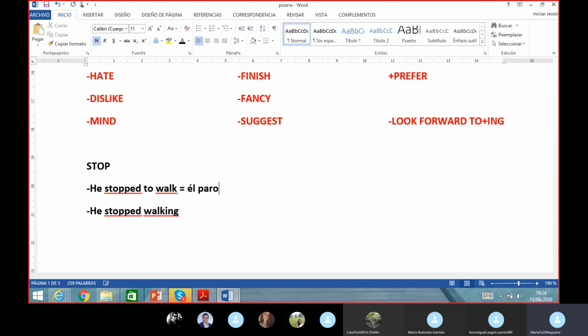Él paró para andar, es decir, él estaba haciendo una actividad y paró para hacer otra, ¿vale? O he stopped walking, él paró de andar, ¿vale? Entonces, hay verbos con los que vamos a colocar to o ing.